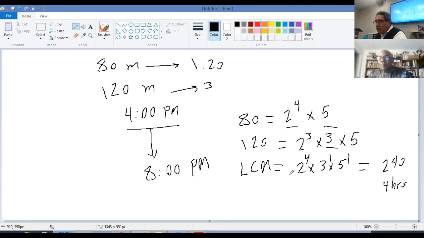If you multiply these, did you follow me how I got the LCM? You get 240 minutes, which is the same as 4 hours. So if they started at 4 p.m., the next time that they start at the same time would be 4 hours later, which would be 8 p.m.